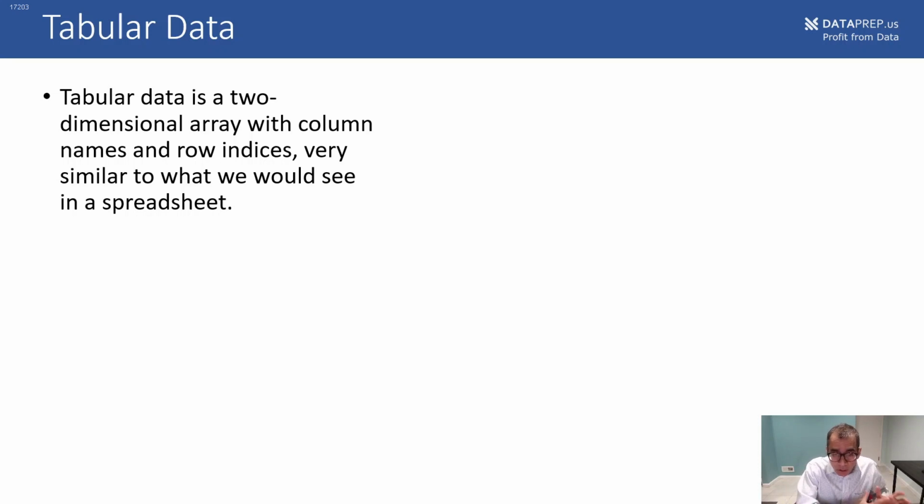You have to keep a separate record of the names for the rows and columns. Whereas most tabular data, for example, represented as data frames, would have names for the columns and the rows. And that makes it extremely easy for us as humans to use them and improves the usability. So very similar to what we would see in a spreadsheet.